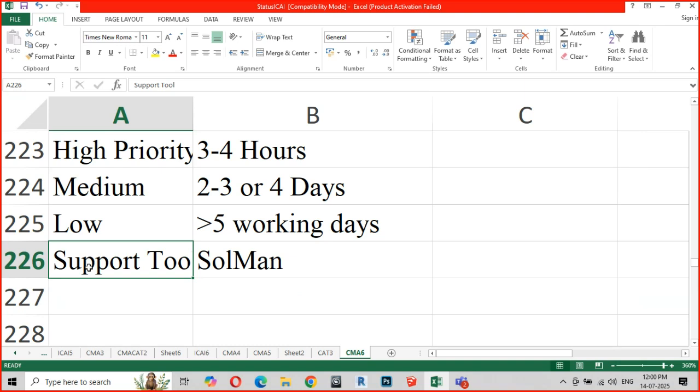There could also be an agreement that once the employee raises the issue in the ticketing tool, the concerned team has to keep the user informed within 15 minutes to half an hour after the issue has been raised. He needs to just have a feeling that, okay, my issue is being looked at.